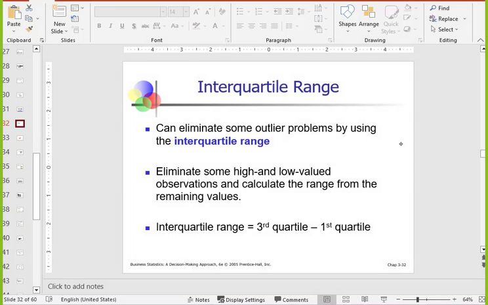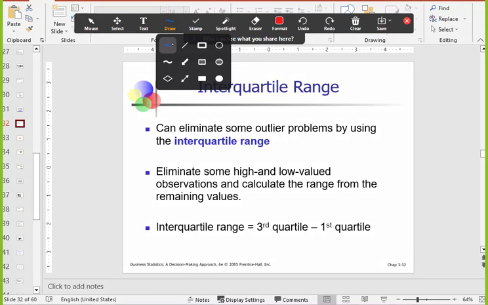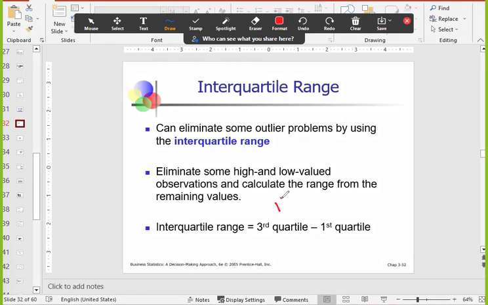We were studying interquartile range, and I gave you an example that interquartile range is different from range, such that for the case of range we were subtracting the lowest value from the highest value, but in interquartile range we use quartile 3 minus quartile 1. So what is the advantage of that?